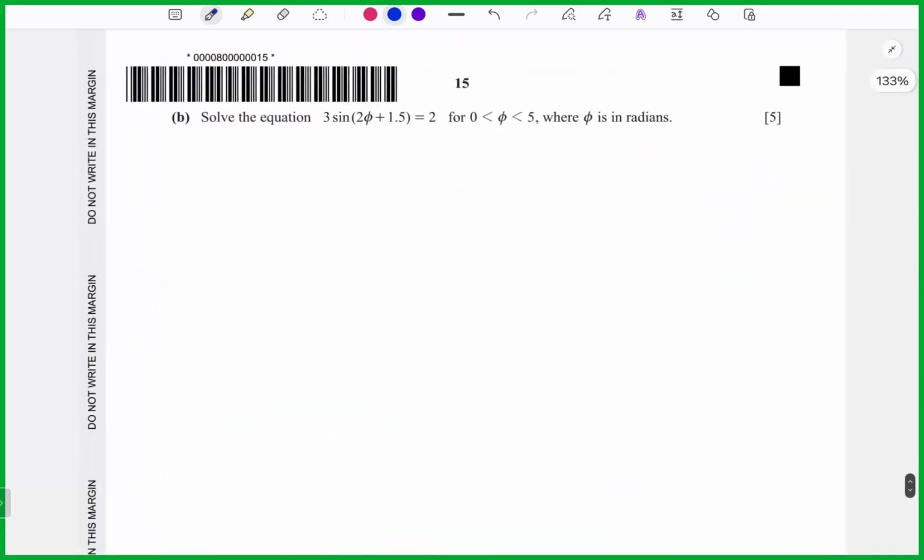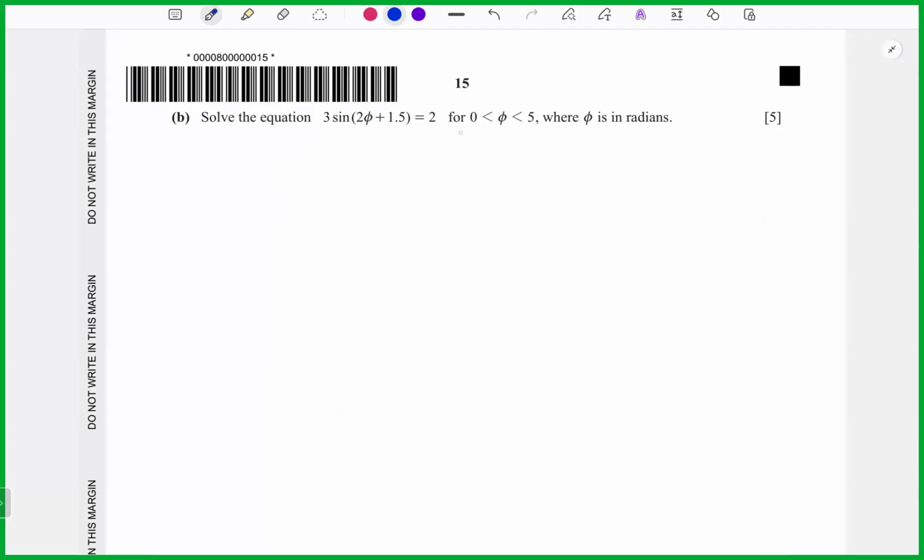Okay. Solve the equation 3 sine 2 theta plus 1.5 equals to 2, for theta between 0 and 5, and theta is in radians. Okay. So how to find? Okay. Multiply.